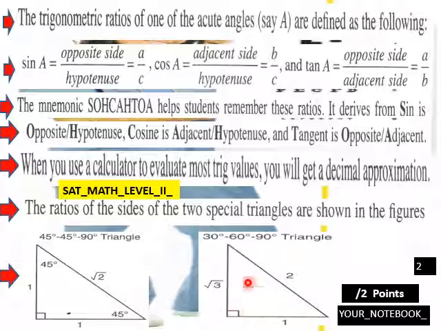This is your hypotenuse, and the side opposite the 60 degree angle has a length of square root of 3, which is 1 point something. The side opposite the 30 degree angle has a length of 1.